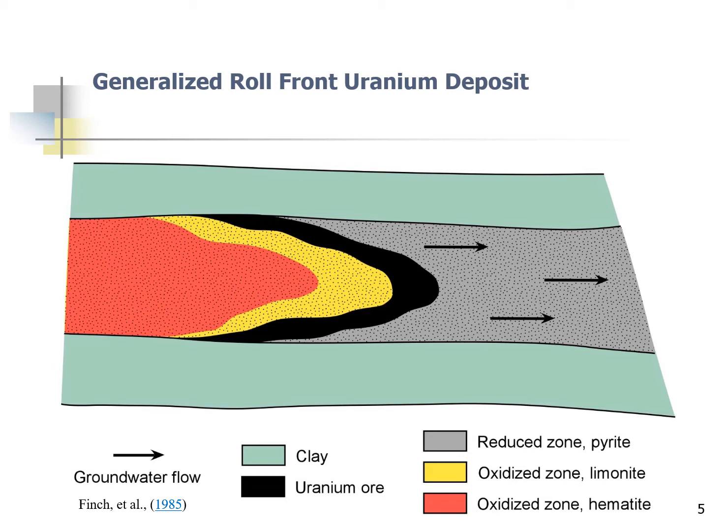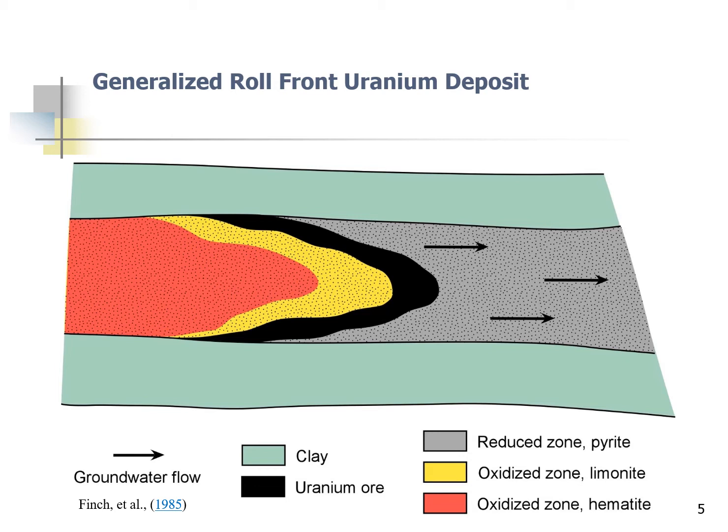Now, the uranium minerals aren't very visible, and what was successful about this particular method of exploration is you can drill test holes on the upgradient side. The iron minerals are oxidized. They're very brightly colored. There can be reddish hematite, or yellow limonite. On the other hand, on the downgradient side, the iron minerals are pyrite.